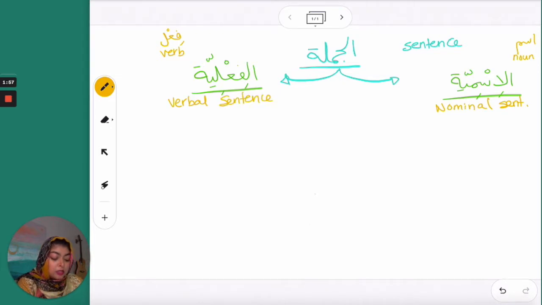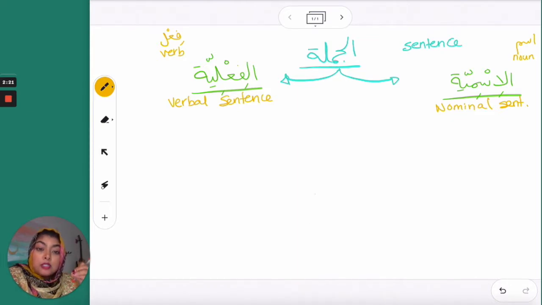Okay. So what we're talking about now is complete sentences. In the last lesson, we talked about some verbs, but we've also been talking about phrases, right? In lesson 3, we did al-ism al-sifa, which is a noun adjective phrase. When we talked about al-idafa, idafa is a possessive phrase.